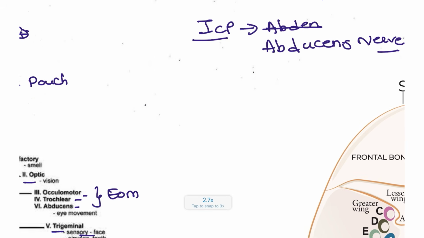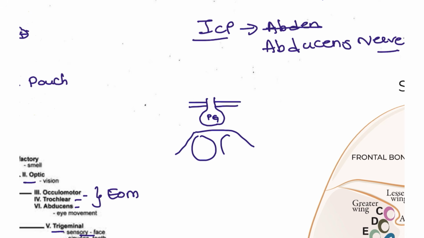Next, I also want you guys to remember this. I'm drawing, this is the pituitary gland. Okay, this is the pituitary gland. This is the sphenoid bone, sphenoid sinuses. So this is the structure that is present in between the pituitary gland and the sphenoid bone.